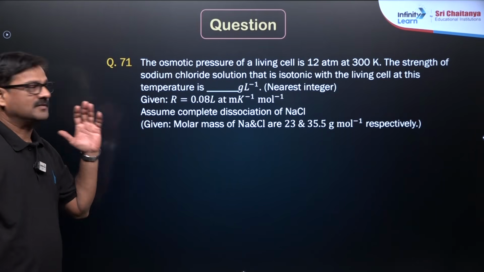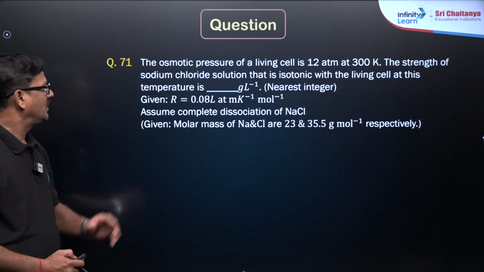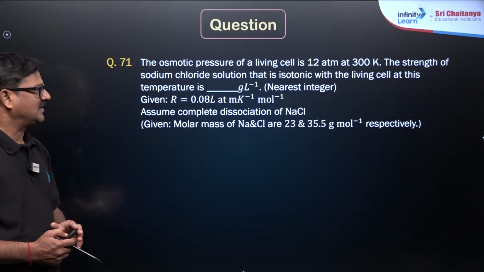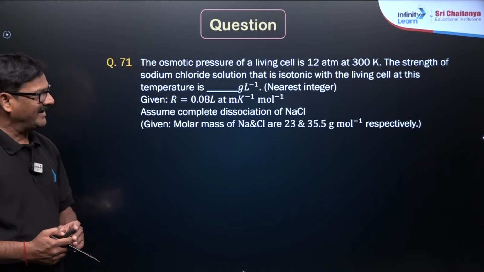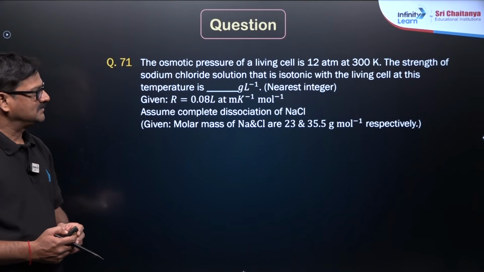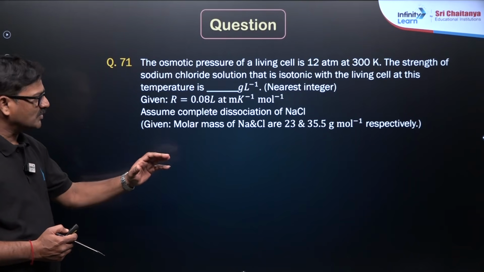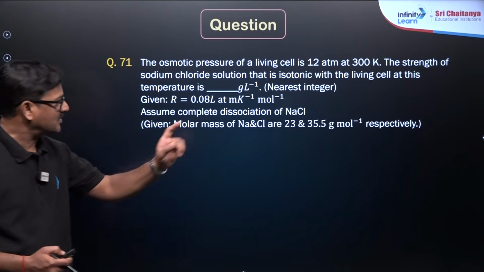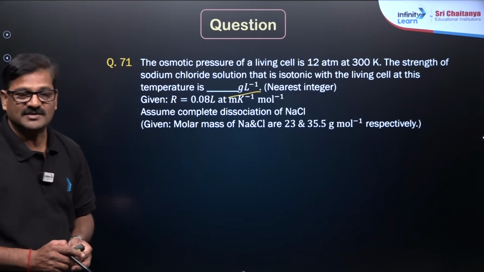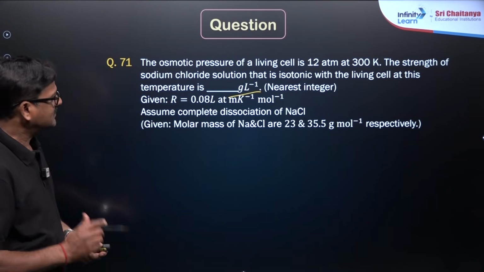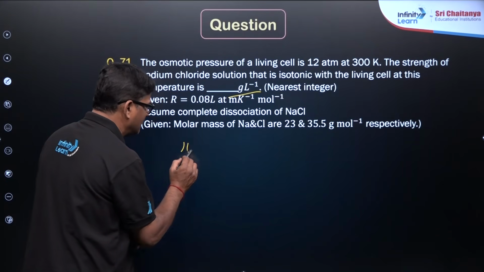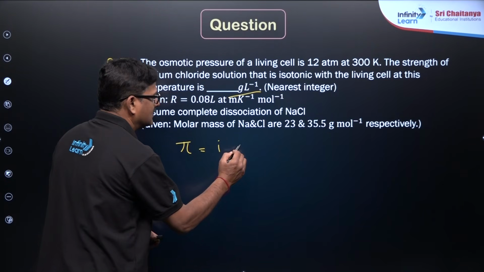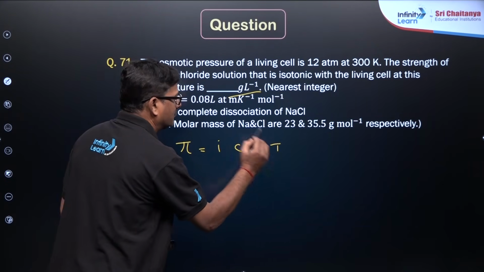Children, this is about the numerical type section. The osmotic pressure of a living cell is 12 atm at 300 Kelvin. The strength of the sodium chloride solution that is isotonic with the living cell at this temperature is, the answer is supposed to be given in gram per liter. So it is given that osmotic pressure pi is equal to iCRT.